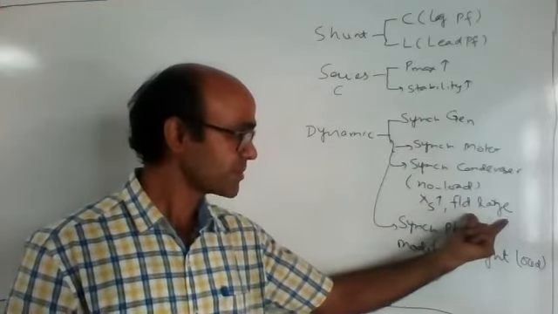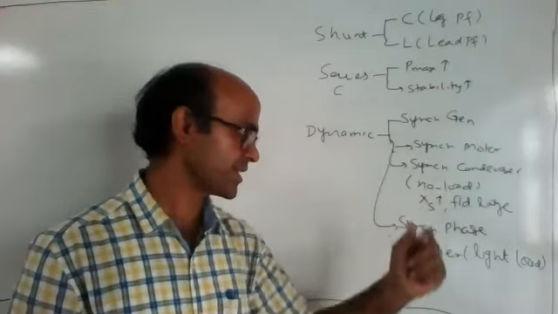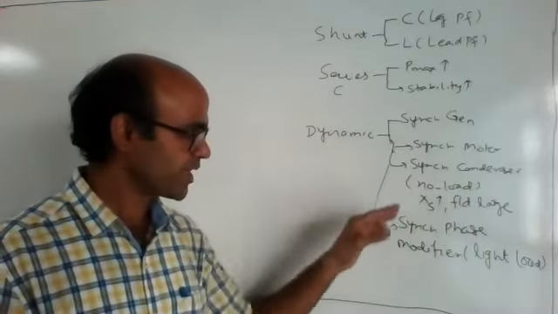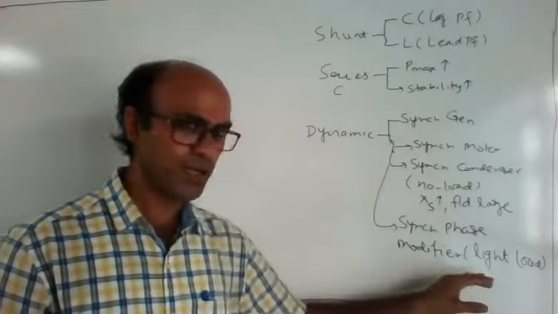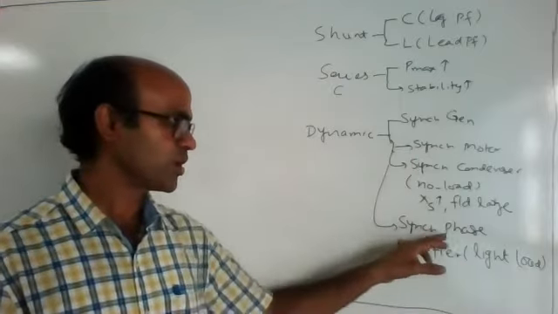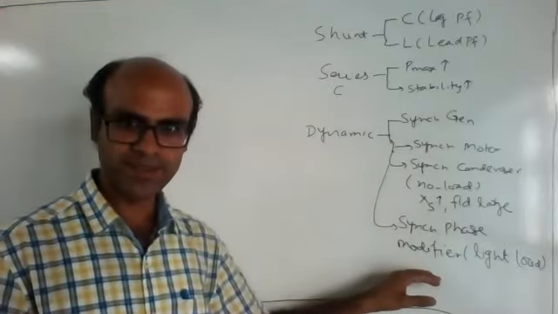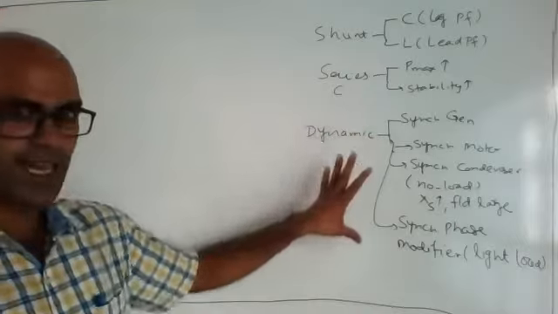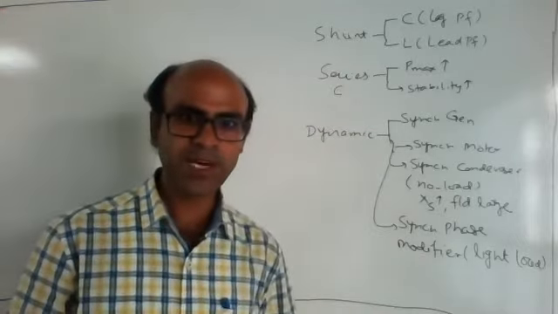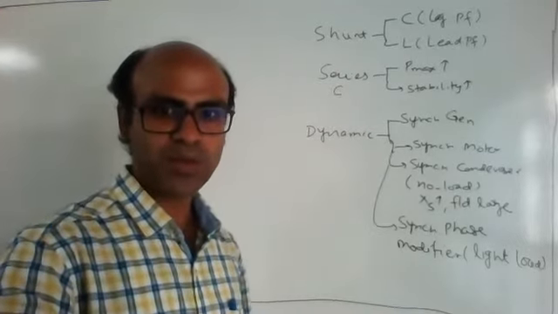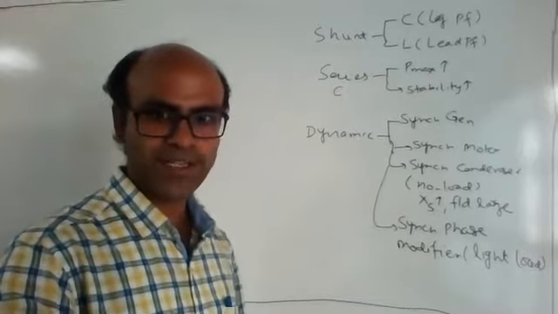Then that is called a synchronous condenser. If such a motor is used at light load condition, then that is called a synchronous phase modifier. So these are the dynamic elements by which we can improve the voltage at the load end side.